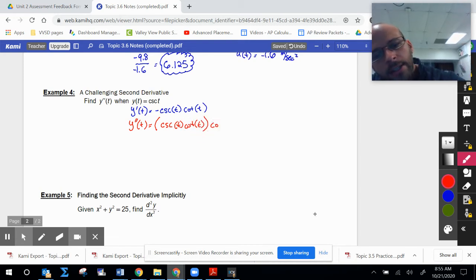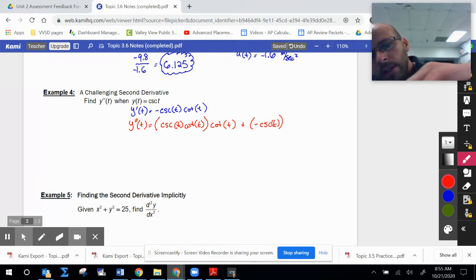And then leave the second term the same, cotangent t, plus, now I'm going to keep the first the same, so a negative cosecant t, times the derivative of the second, so the derivative of cotangent is a negative cosecant squared.